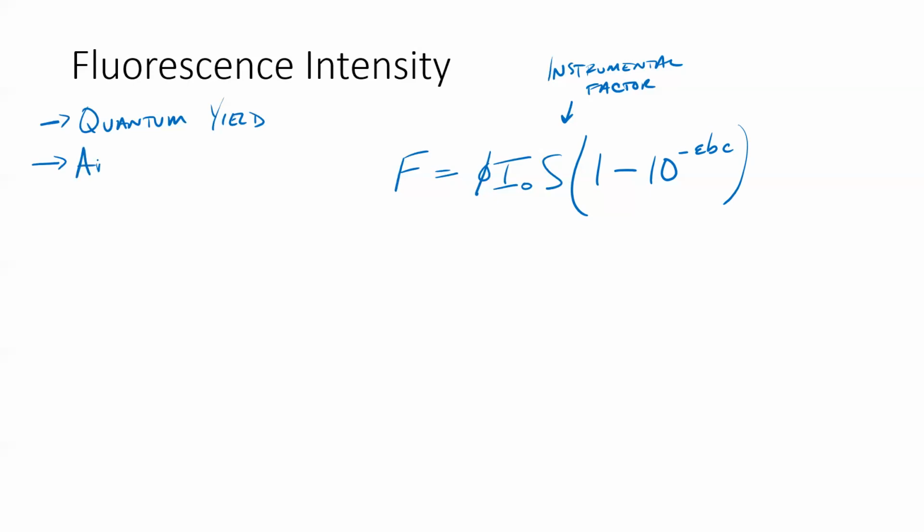It depends on the absorbance, which is how much light it actually does absorb at a given wavelength. And so all of these things come into play when we start talking about fluorescence intensity. And then I naught is the power of the excitation source.